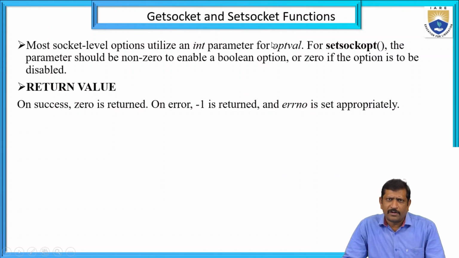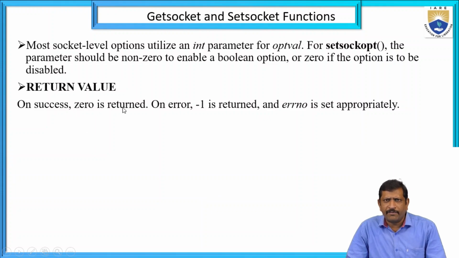If it is successful, we return 0. Otherwise, if any error happens, -1 is returned. Here errno is set appropriately. So this is about the return values.